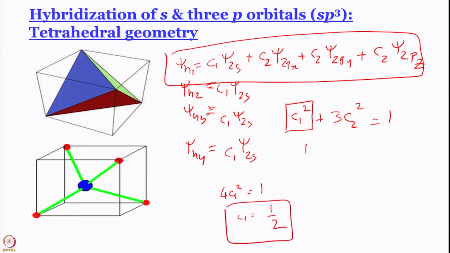So, I have 1/4 plus 3 C2 square is equal to 1. So, 3 C2 square is equal to 3/4, C2 is equal to plus minus half.